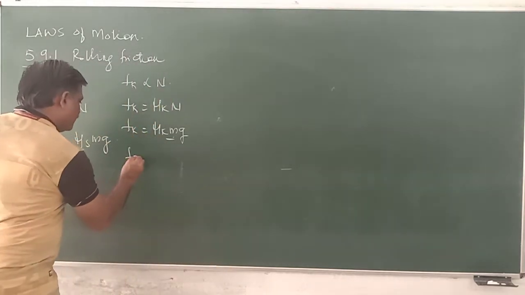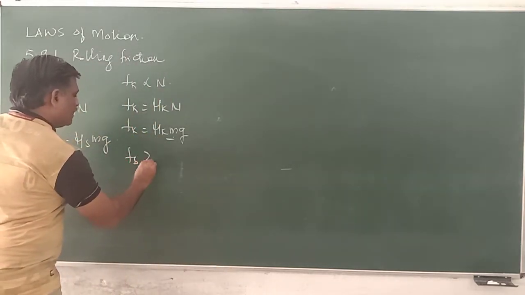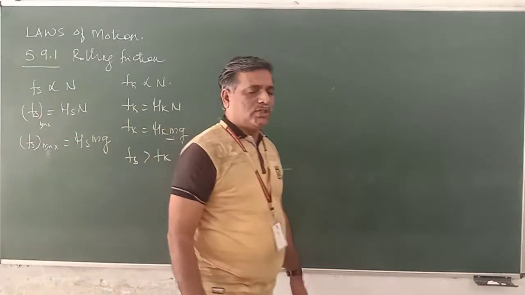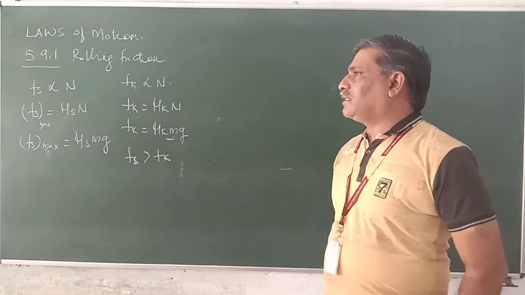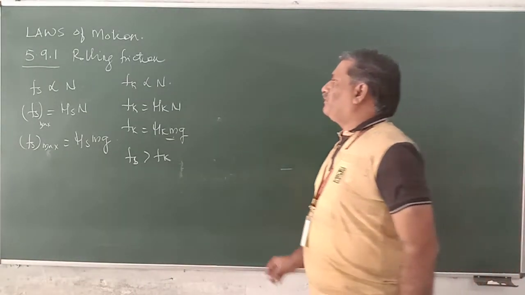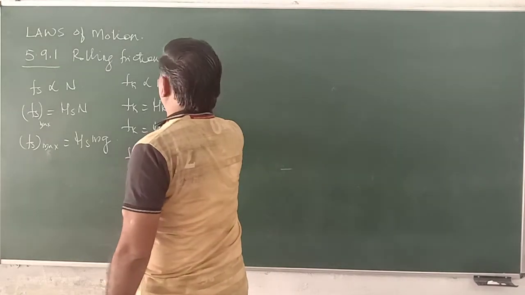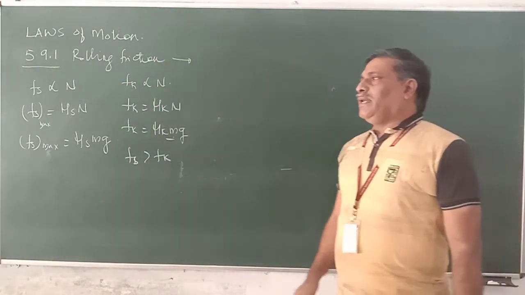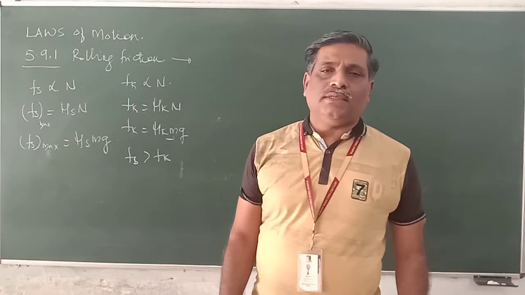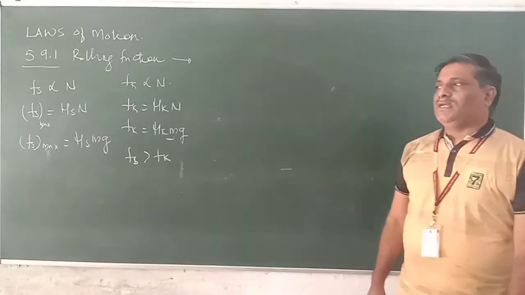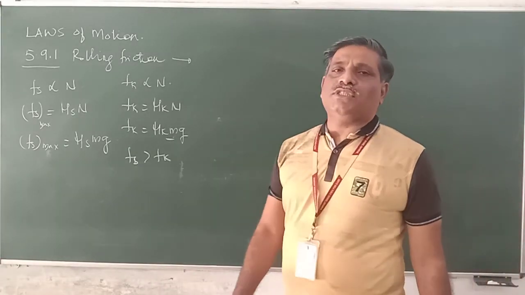In comparison with static friction, kinetic friction is small, or the force of static friction is always greater as compared to the force of kinetic friction. Then comes a third friction, which is called rolling friction. Take an object, a ring or a sphere, which is rolling without slipping.